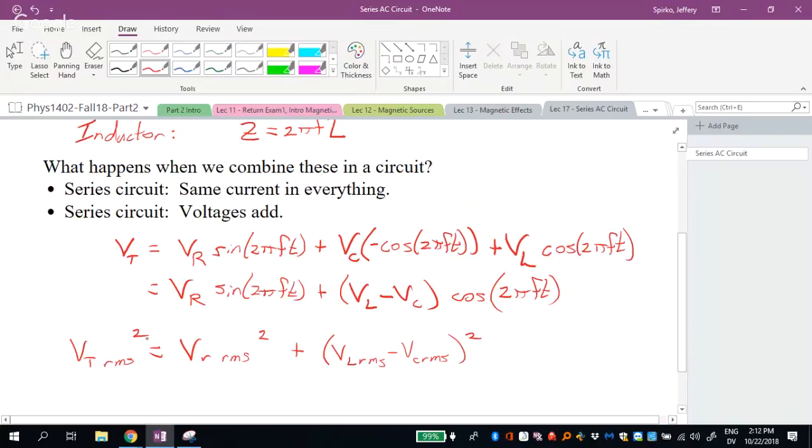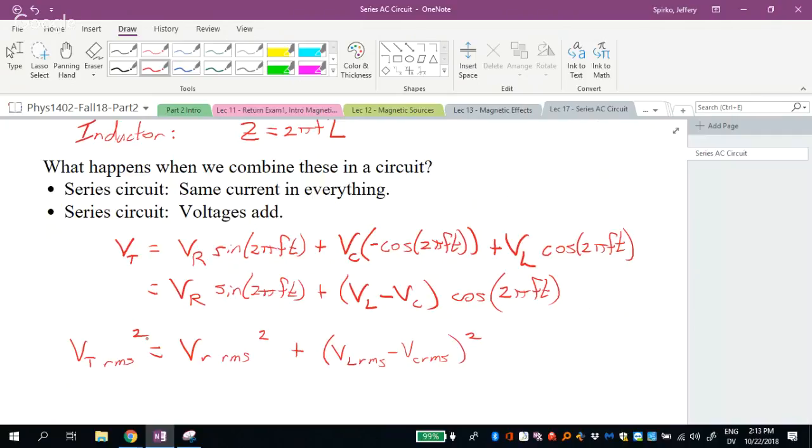That's the result I want to skip to. So the way these sines and cosines add up is kind of like a Pythagorean theorem. In fact, there's an analog for these voltage values, which are sines and cosines, that turns them into vectors with x and y components.